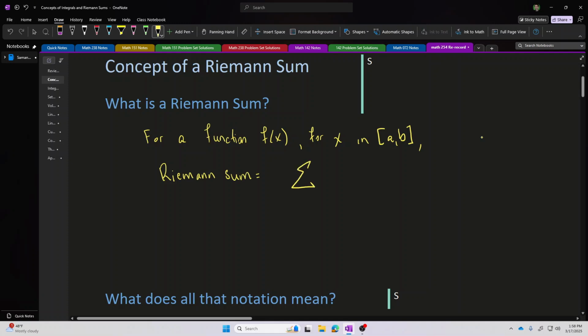Sigma, that's the notation for sum, sigma add up terms of the form f of xi star times delta x.